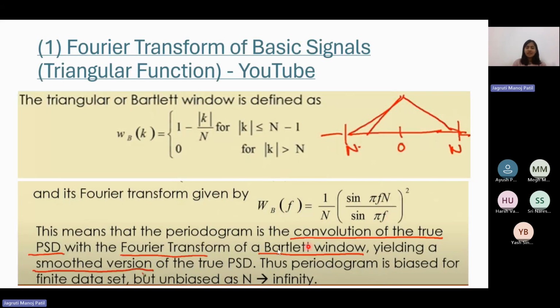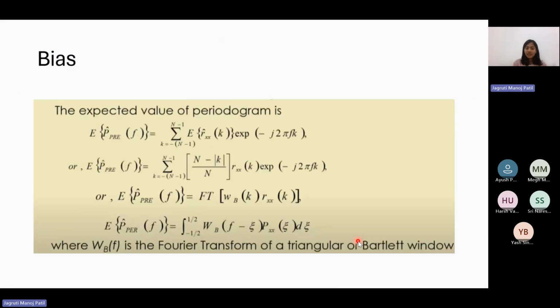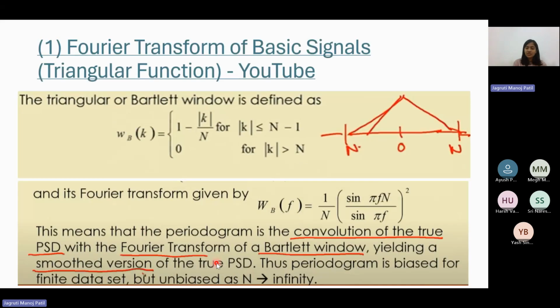It's like this only. This means here that the periodogram was nothing but the convolution of this Bartlett window with our power spectral density function, yielding a smooth version of the true PSD. And hence this is biased for a finite data set. But if you take n tends to infinity, it would be unbiased.